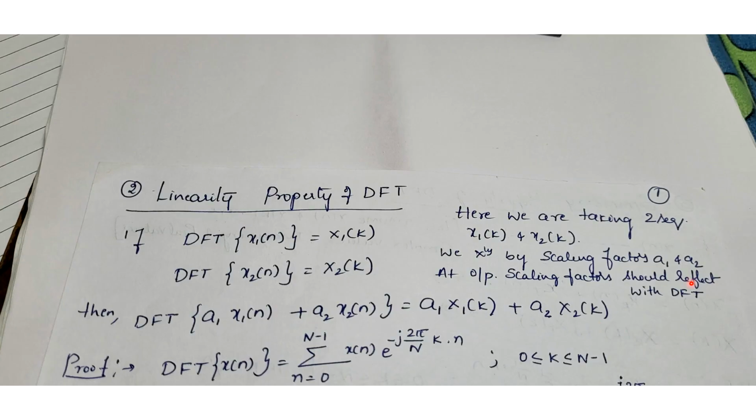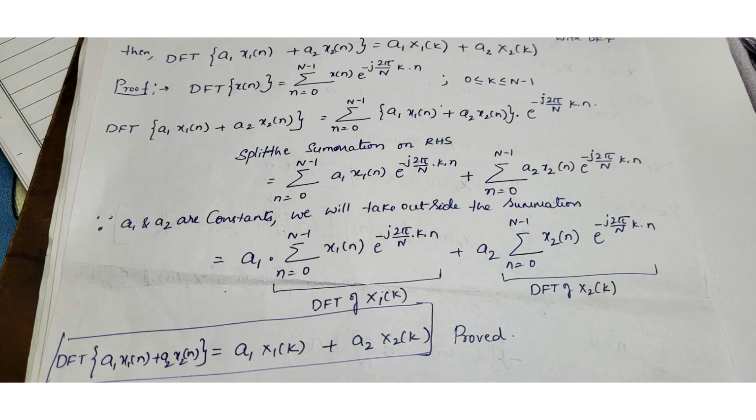Now let us go for the proof of the property. By definition, we know the DFT of x of n is equal to the summation of n equal to 0 to N minus 1 of x of n into e to the power of minus j 2 pi by N kn, where k exists from 0 to N minus 1.